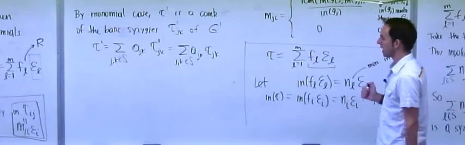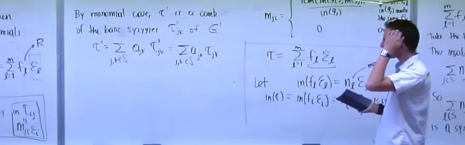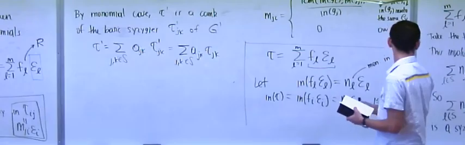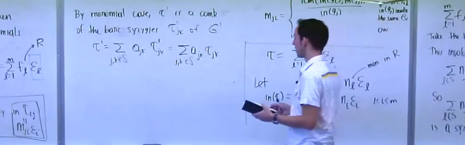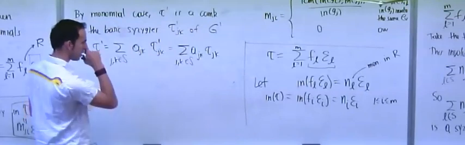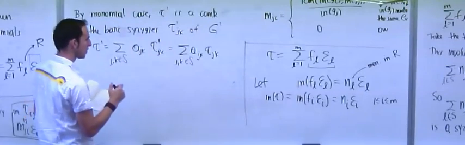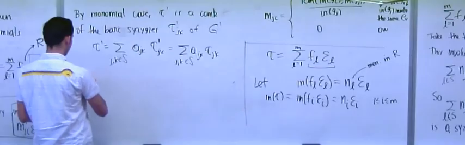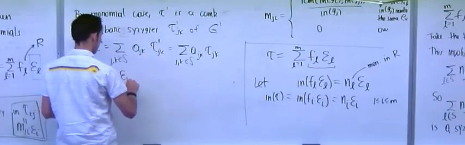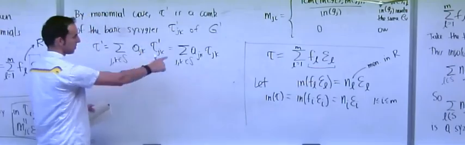Now here, I'm almost done because the point is, I want to look at the initial term that appears here. What's the coefficient of epsilon i in this equation?